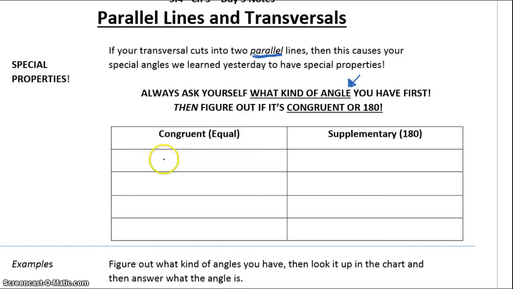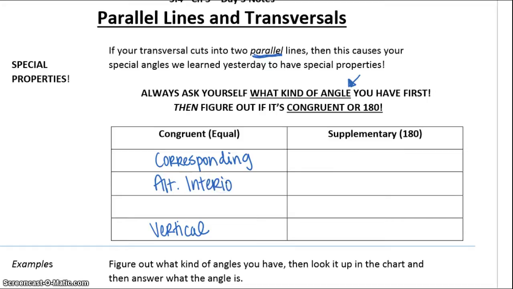So first thing, all vertical angles are congruent, but that's not really a new one. So I'm going to write it down at the bottom. Just remember, they're going to throw a vertical angle at you every once in a while, and that's some old news right there. One of the ones we learned that are new, though, corresponding. Corresponding angles are congruent whenever a transversal is cutting through two parallel lines. And also alternate interior.